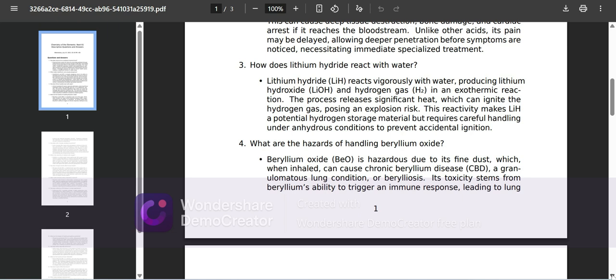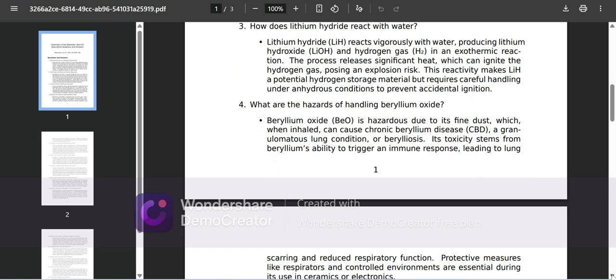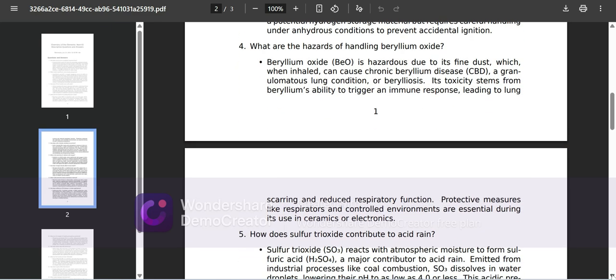This reactivity makes lithium hydride a potential hydrogen storage material, but requires careful handling under anhydrous conditions to prevent accidental ignition.